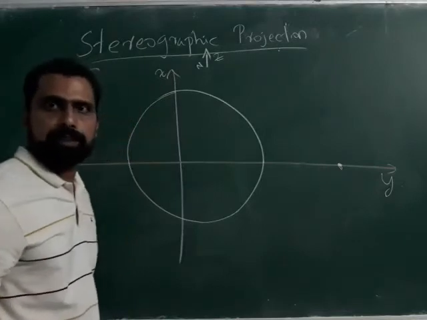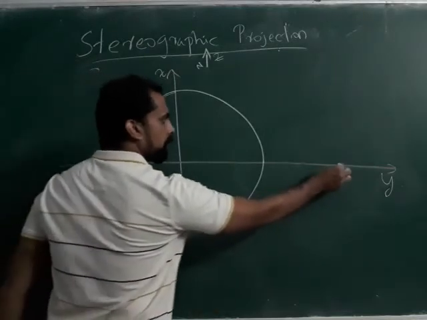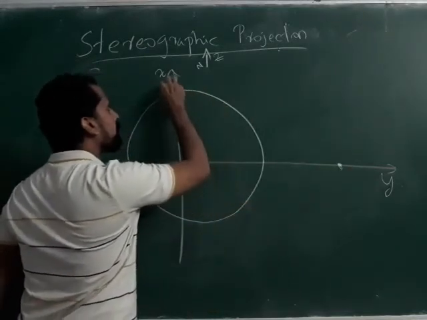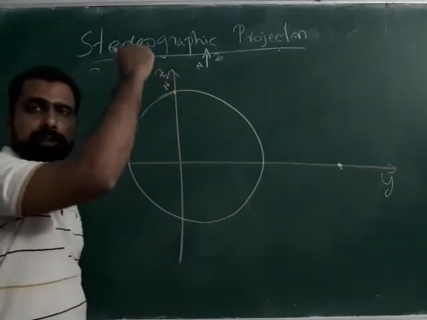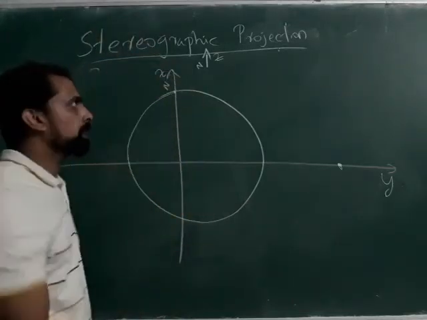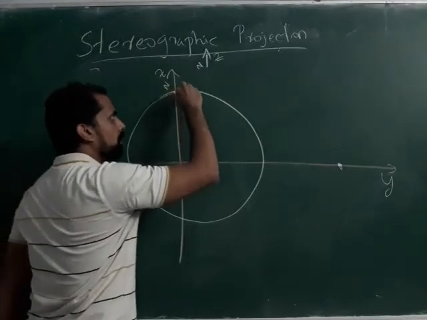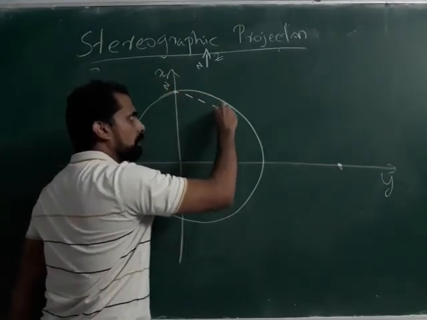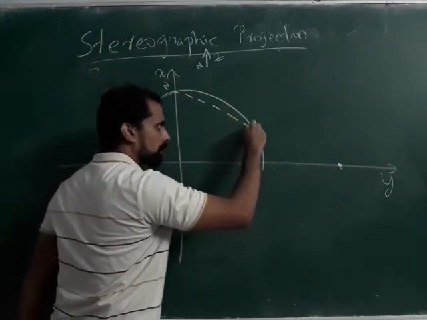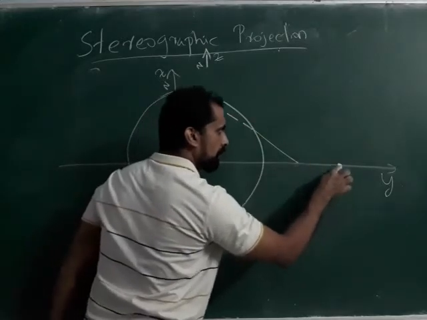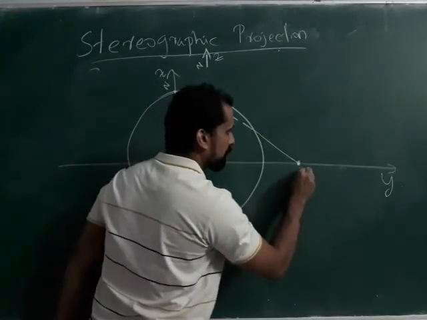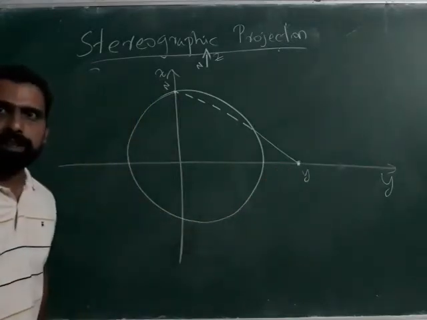This is my point, and this is my N, on the top, the north pole of the sphere. And this is the point of y.